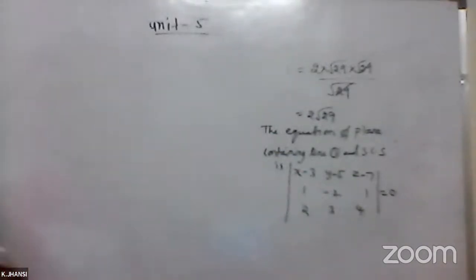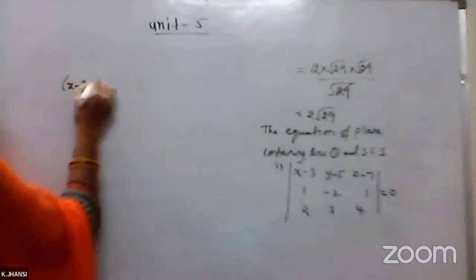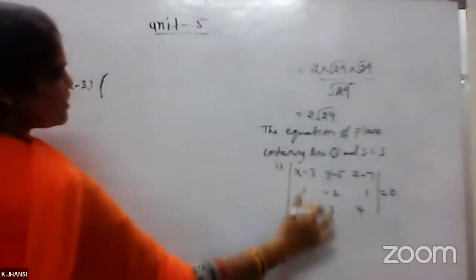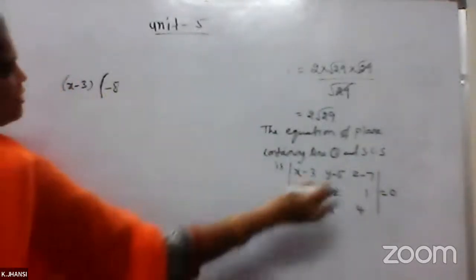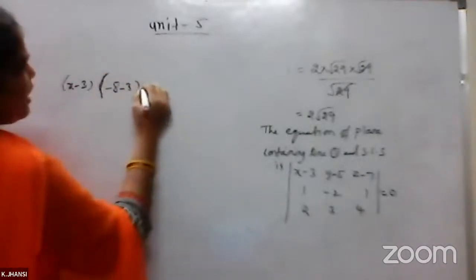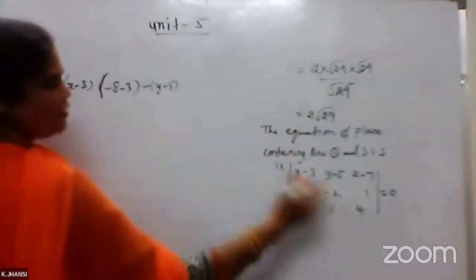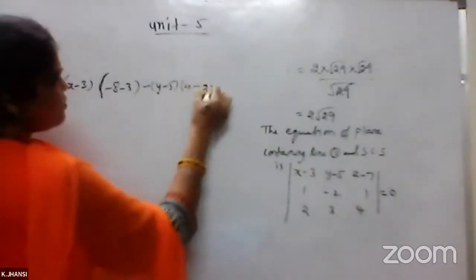So the determinant is, that is x minus 3. If we take out the first column and the first row, it is minus 8 minus 3. Next we have minus of y minus 5. If you take out the second column and first row, it is 4 minus 2.